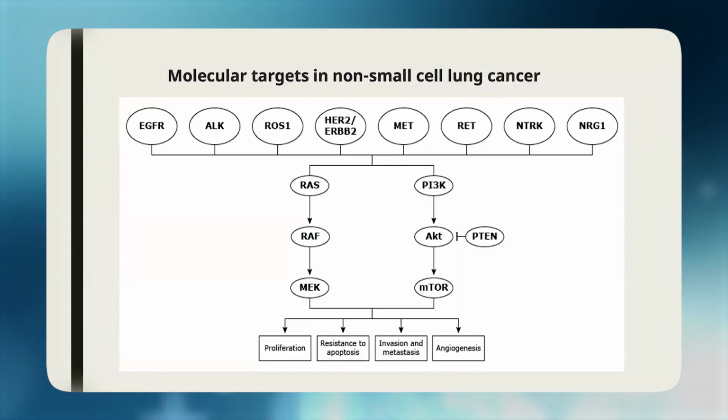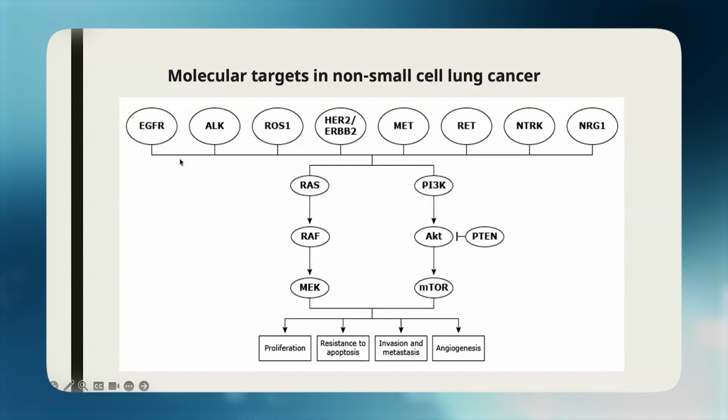So these are the molecular targets in non-small cell lung cancer, as we discussed already. Mostly the molecular targets are in non-small cell. Small cell is chemotherapy and radiotherapy. The common ones, if you find for treatment, are mTOR inhibition or EGFR inhibition, targeting EGFR.